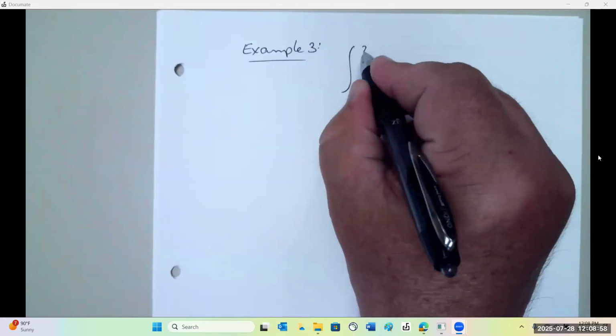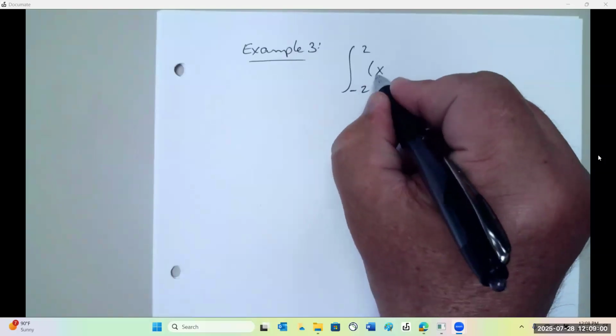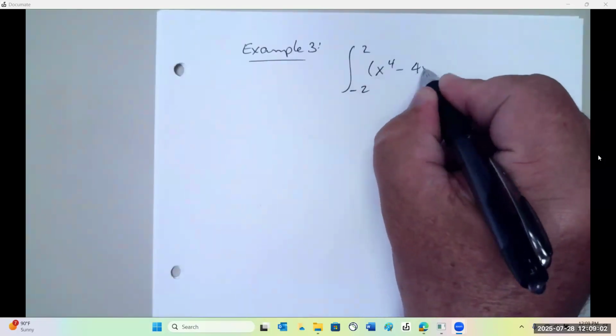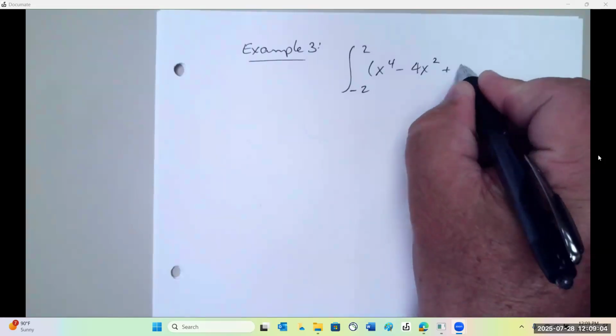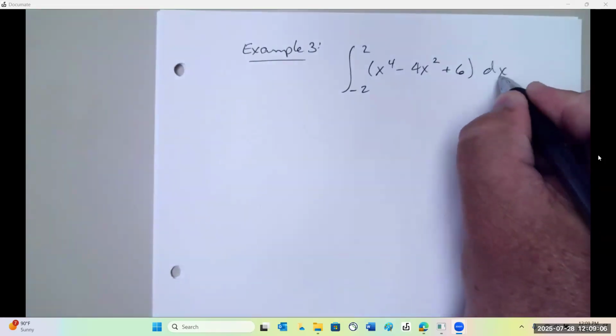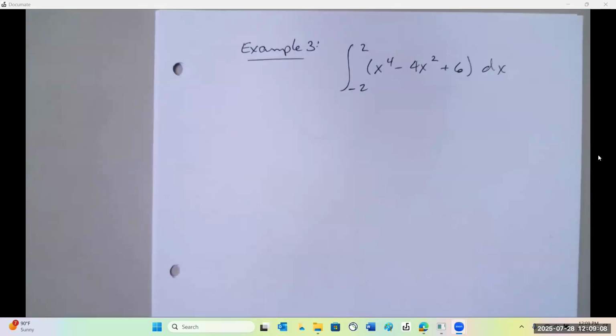From -2 to 2, x to the 4th minus 4x squared plus 6 dx. Now, if it's not an odd or an even function, if it's a neither function, then you just go on like it's nothing.